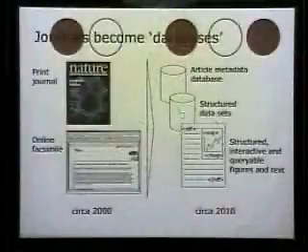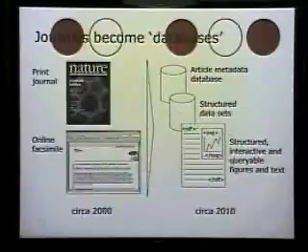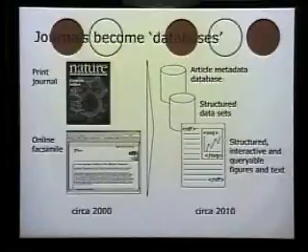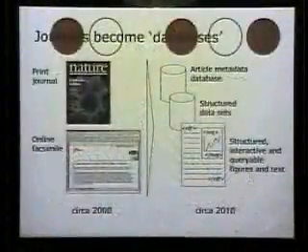Behind the text we have structured data sets, the data that actually went into producing the results described in the text, as well as, of course, metadata to go along with the article. So we're moving from a model in which we've just got a simple online facsimile to a model in which the article itself becomes something like a mini database or a data object.